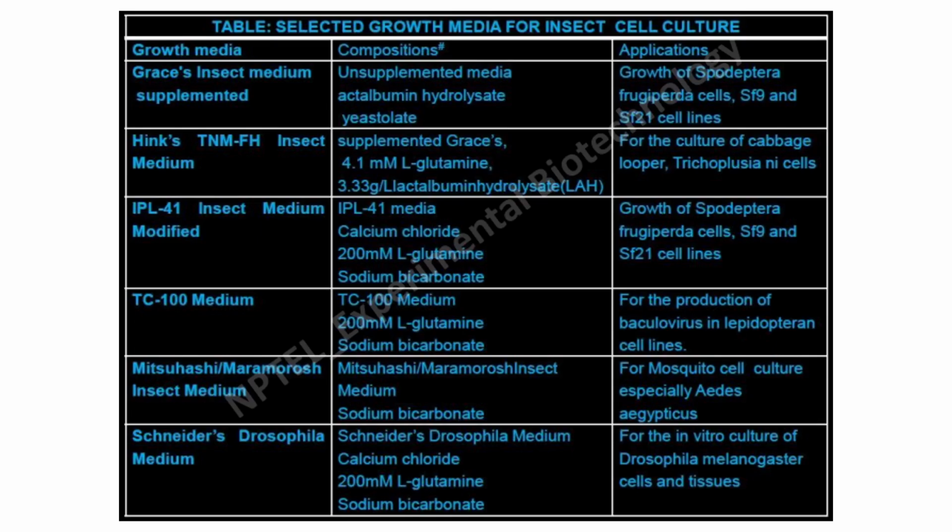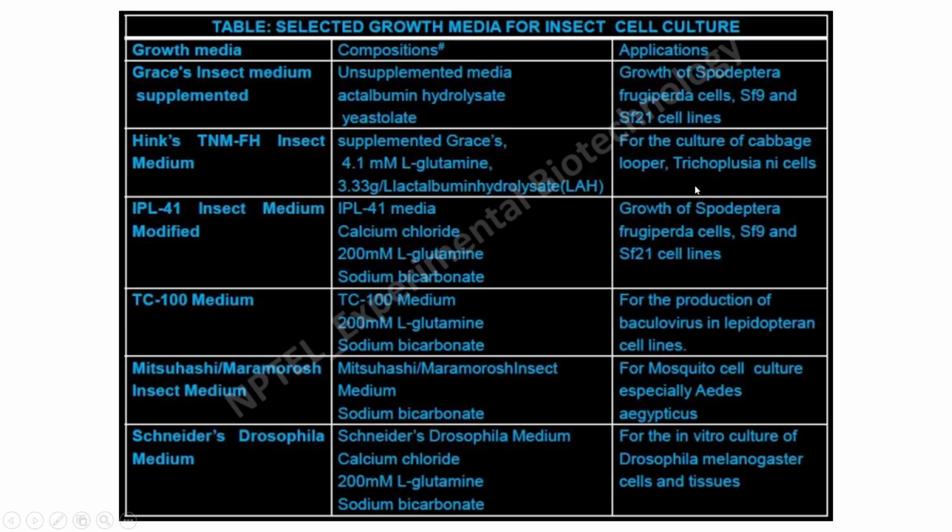Okay, so this is a list of different media that are available for different kinds of insect cell lines. We have these SF9, SF21 cell lines for which we use Grace's insect medium supplemented.